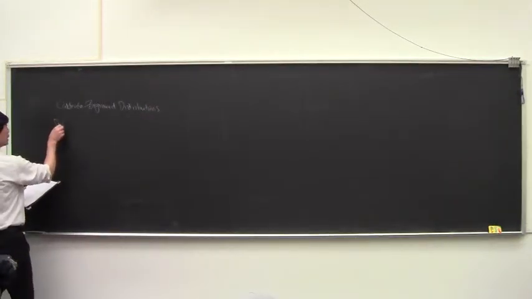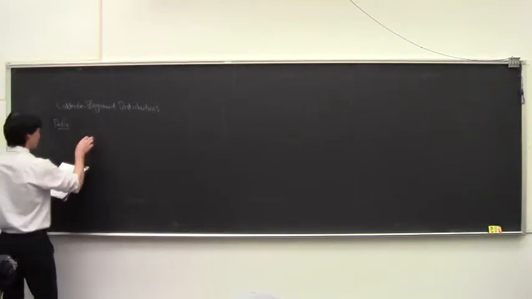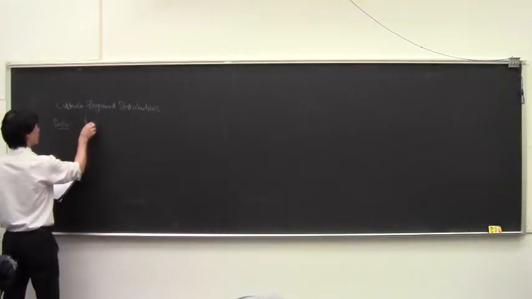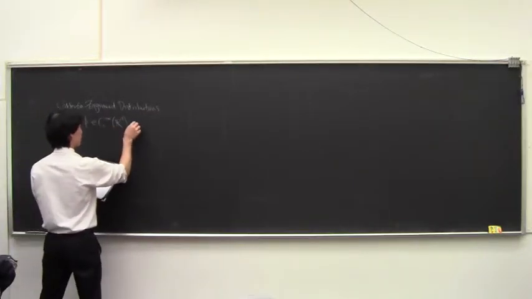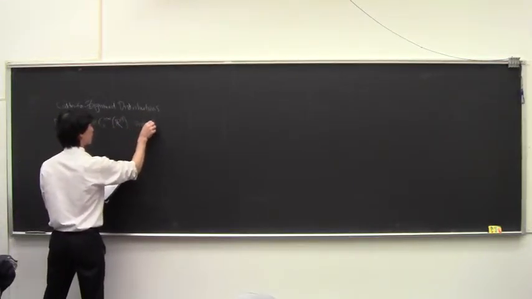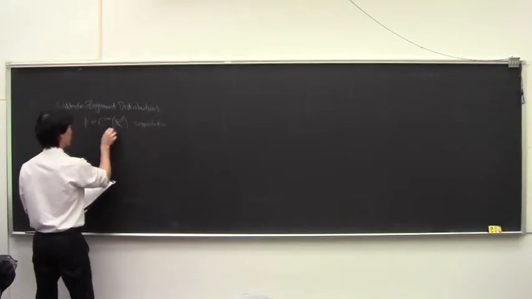So let's start off with the following definition. You have some smooth function phi, supported in the unit ball.